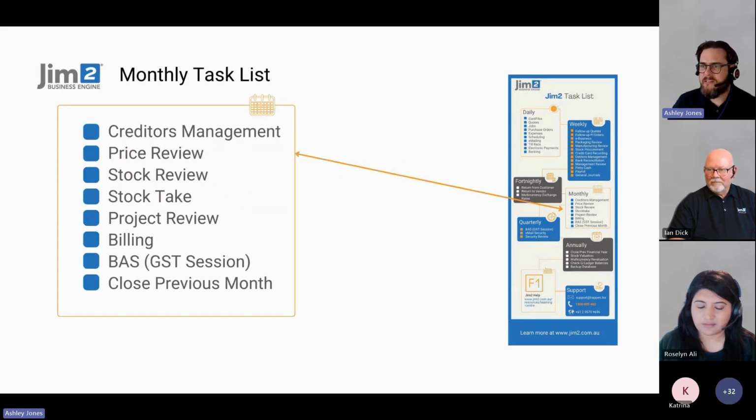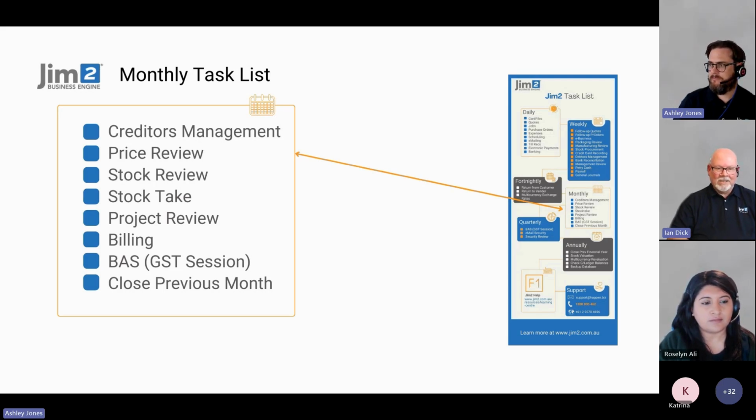On to the monthly tasks, and we've got a few things to chat about here, but I wanted to actually start at the end. Why is it important to be closing the previous month, and how do we do it? Okay. Well, closing months in Jim2 is quite simple, as we're aware. It's also simple to open them back up again if necessary.